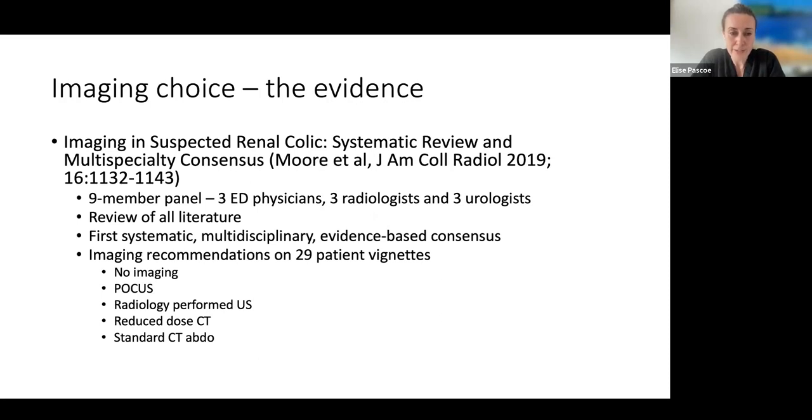They reviewed all of the literature available on the topic, and they provided an evidence-based consensus and imaging recommendations on 29 common patient vignettes. For each vignette, they were able to choose either no imaging, point of care ultrasound, radiology performed ultrasound, reduced dose CT, or a standard abdominal CT.